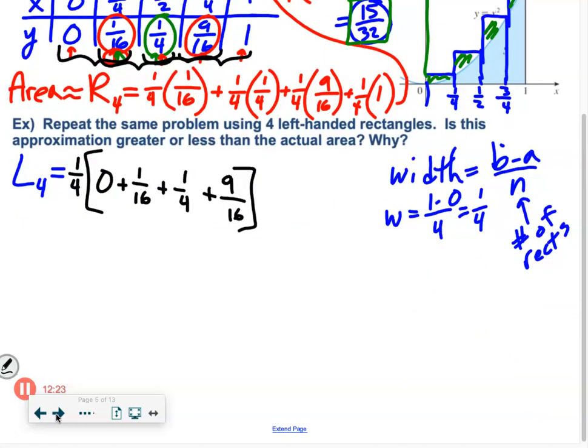So our left-handed approximation is 1/4 times this nice little quantity. Now let's figure this out. Our left-handed approximation is 7 over 32.